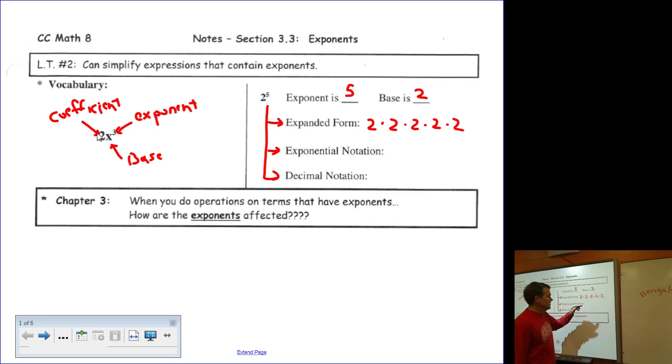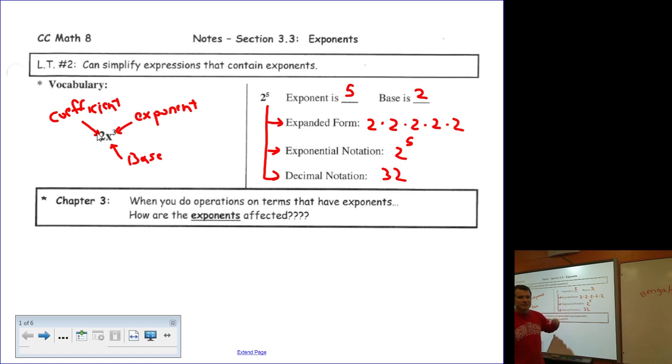Exponential notation would be the way it's already written. That would be with an exponent. That's why it's called exponential notation. And decimal notation would be where you actually calculate the result. 2 to the 5th power, 2 times 2 times 2 times 2 times 2, and that is 32. Sometimes we will want to answer questions in expanded form.